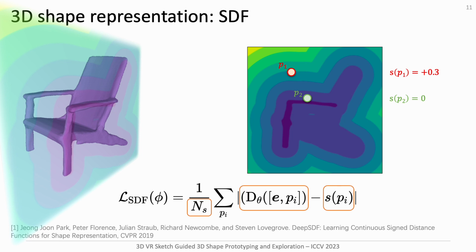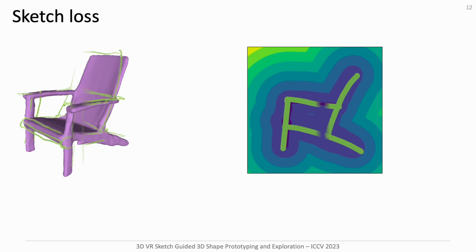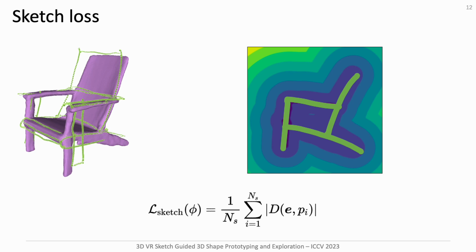number of sampled points. Since our objective is to ensure the reconstruction closely resembles the input sketch instead of the ground truth shape, we design a sketch loss on top of the SDF loss. Given that a sketch is a sparse representation of a 3D shape, the intended 3D shape surface is expected to lie in the vicinity of sketch stroke points.